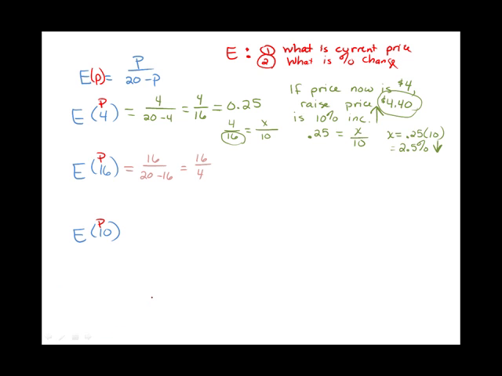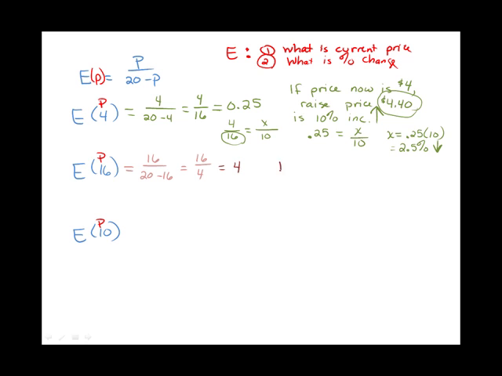Well, I could say that for every 4% increase in price, I get a 16% drop in demand. Or I can say that my elasticity is 4, which is greater than 1, which means I'm going to see some effects on my sales based on the price change.